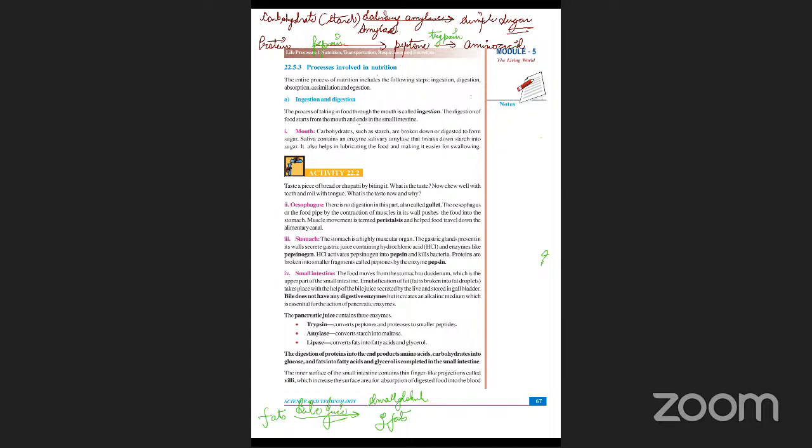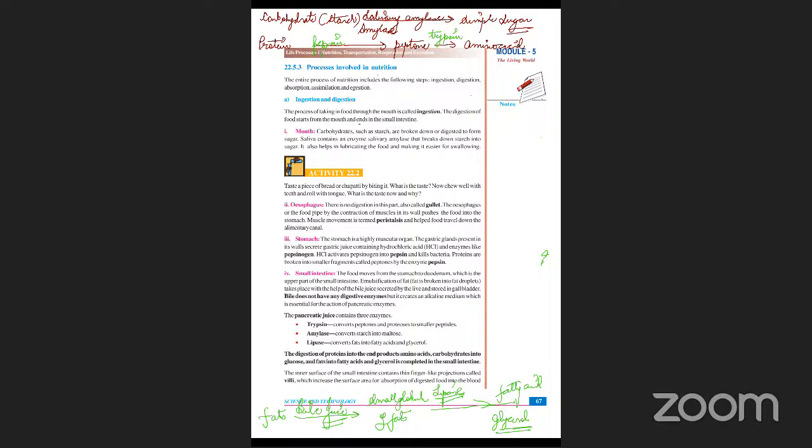And the small globules of fats are now converted into fatty acid and glycerol by the help of the lipase enzyme. Understood? So this is the whole work of the stomach and the intestine. Understood, guys? Yes or no?